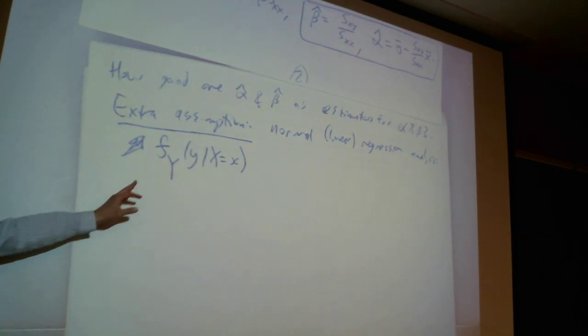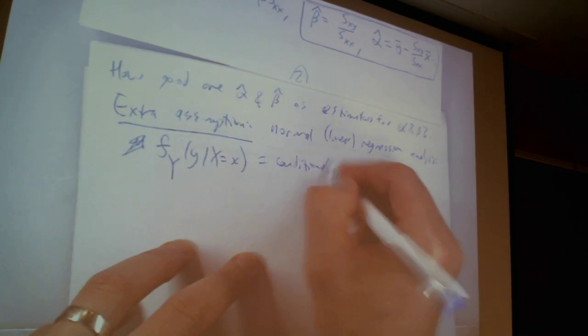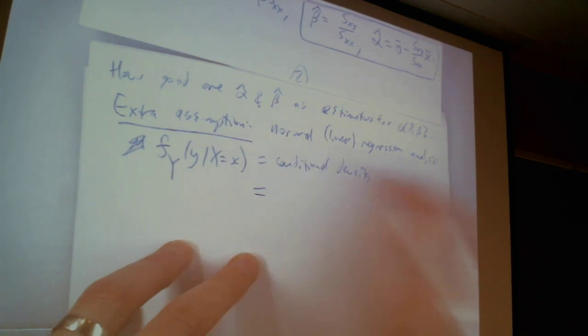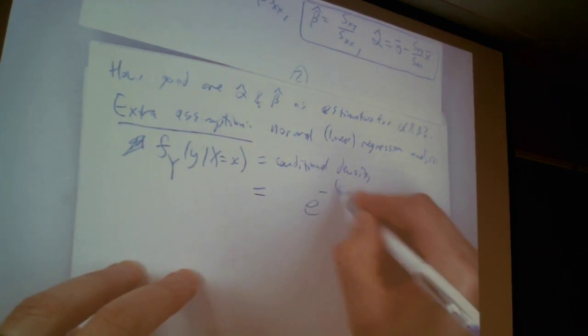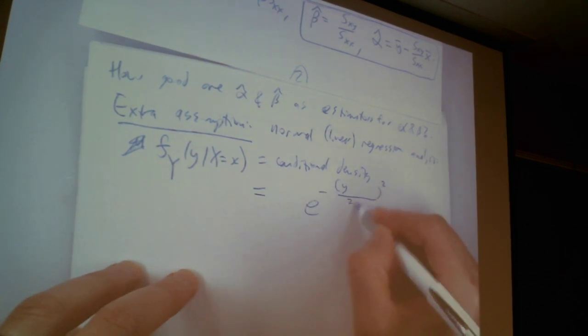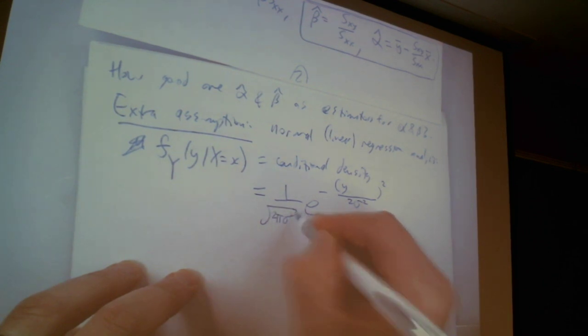Right? This is the conditional density. And let's make the assumption that this is normal. Okay? So it's normal: e to the minus y minus its mean squared over 2 sigma squared, normalized by 2 pi sigma squared.